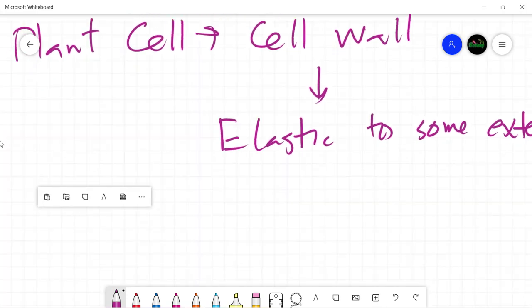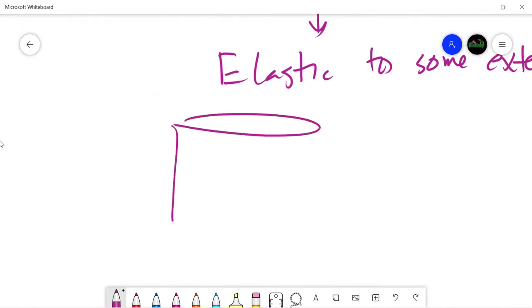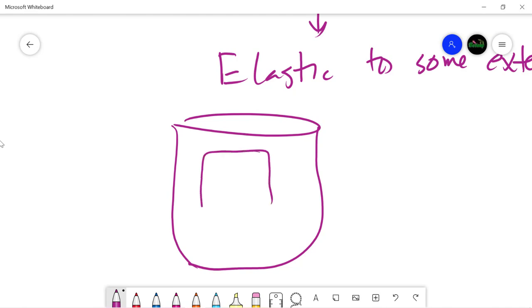And when there is an increase in the volume, for example, again let's draw, say this is a container and we have placed a plant cell in it. Now in the initial state, this plant cell is flaccid. For example, this is its nucleus and this is the vacuole.